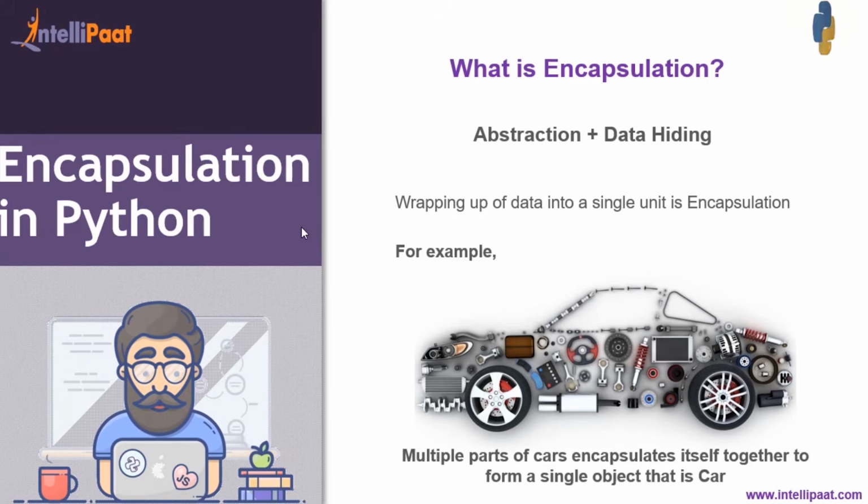You don't see the engine or the screws or the nuts. So this is abstraction, that is, hiding unnecessary detail from the user. And data hiding is like how the engine is actually working, you don't have any idea about it, right? That is data hiding. So encapsulation is just showing you the car.